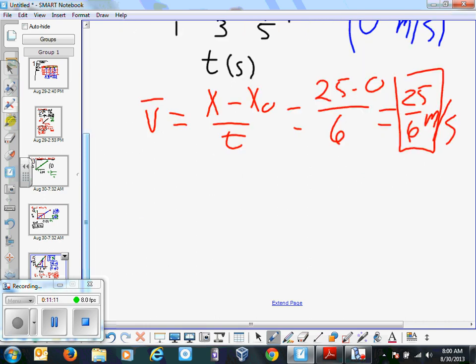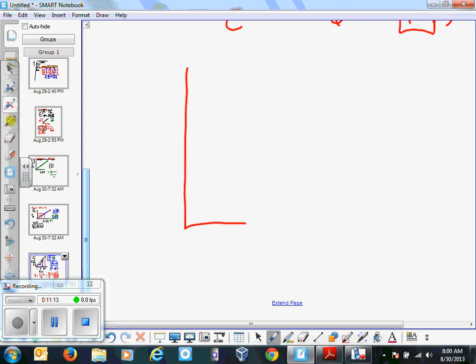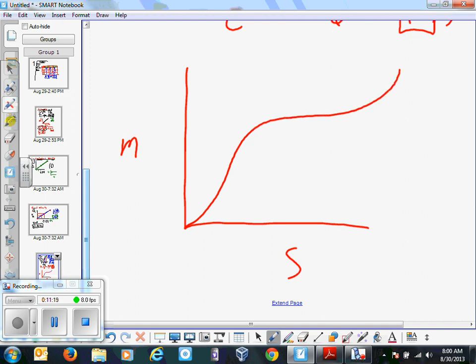Now there's one other thing I want to show you. If we had a displacement time graph that would look like this, how do you find an instantaneous velocity at any instant? Well, if I was going to ask for this right here, what you need to do is find the slope of the line that this point goes through. Well, the only way you can do that is draw what you call a tangent line.